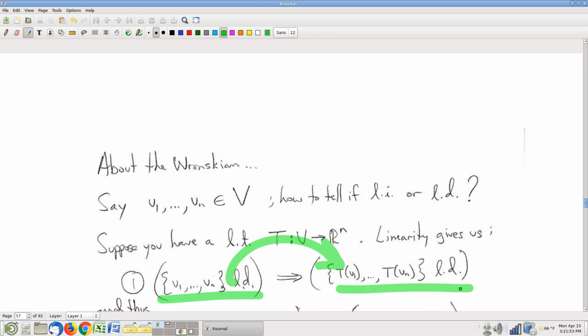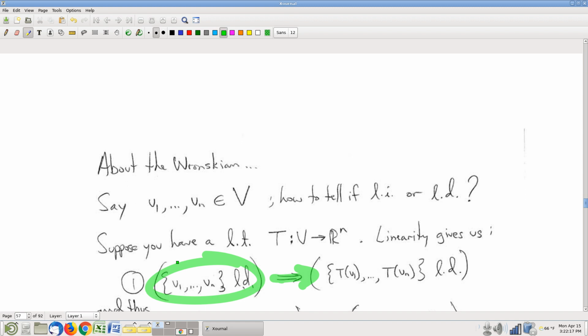The point is, if you have a relation between the input vectors, linearity allows you to directly find a relation between the output vectors. This is not, as it stands, all that useful, because this statement requires that we know the answer to the question we're trying to decide, which is not very helpful.